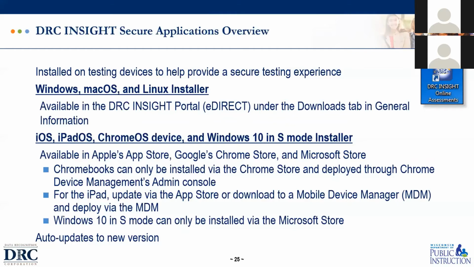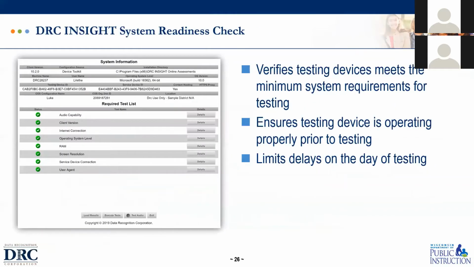The other thing that we do on every single install and when the student launches a test is run what we call the system readiness check. This just verifies that the device is meeting the minimum system requirements for testing and that things are operating properly. So this prevents delays on the day of testing.